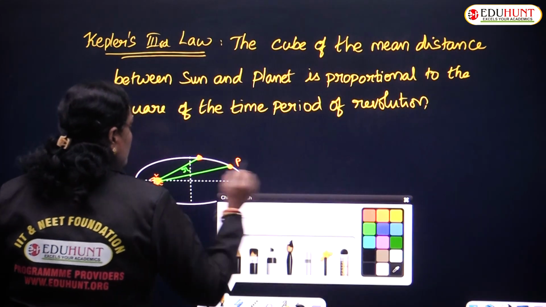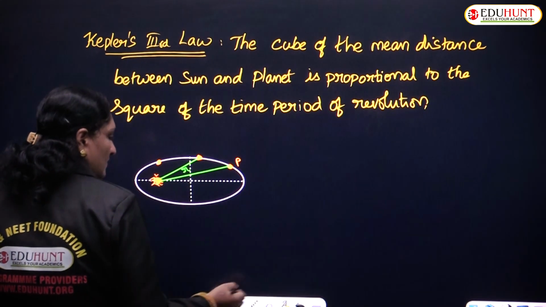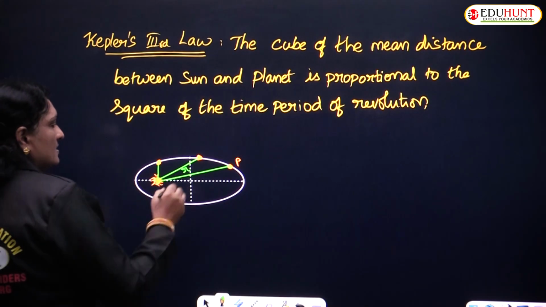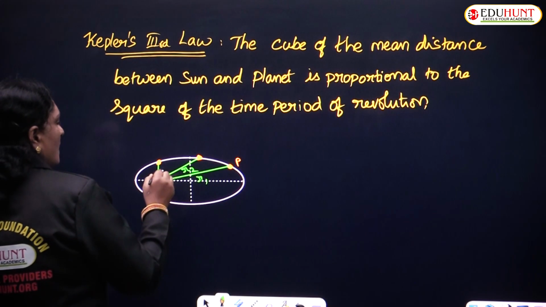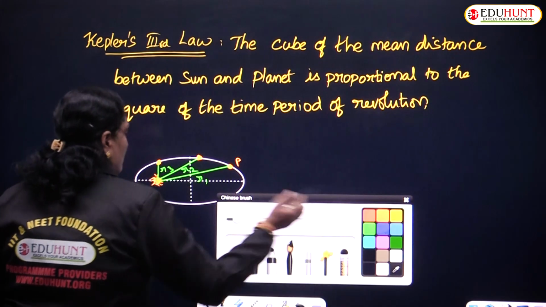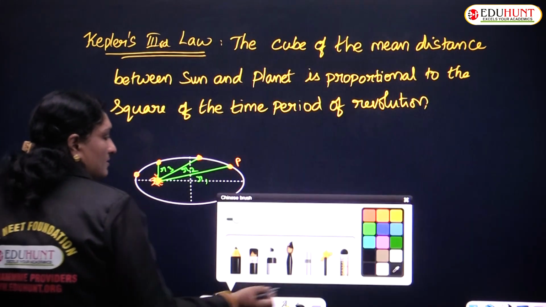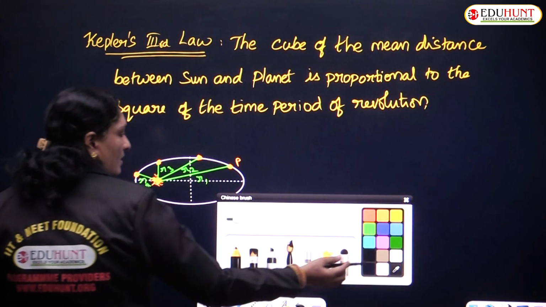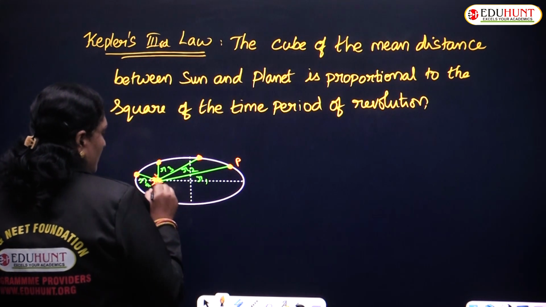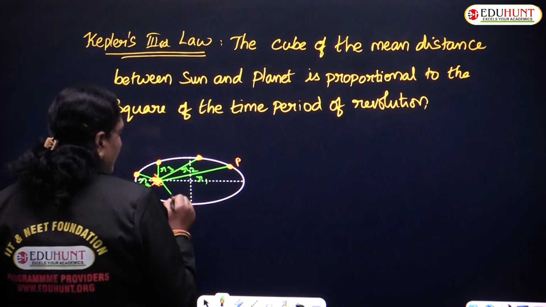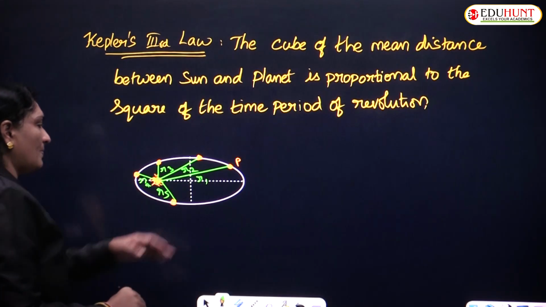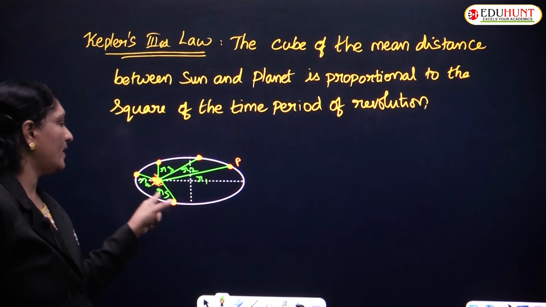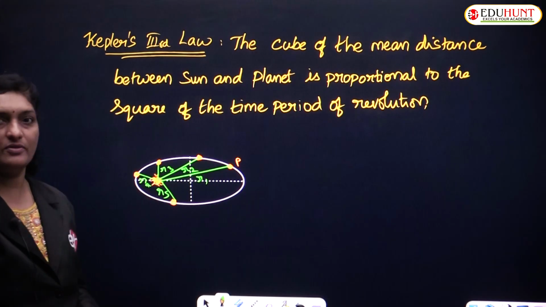If the planet reaches here, the distance between the sun and the planet must be some other, say R1, R2, R3, and if the planet reaches somewhere here, the distance may be some other distance, say R4. At this location, maybe some R5. Like that, at different positions of the planet, the distance between the sun and the planet varies as shown, R1, R2, R3, R4, so on.